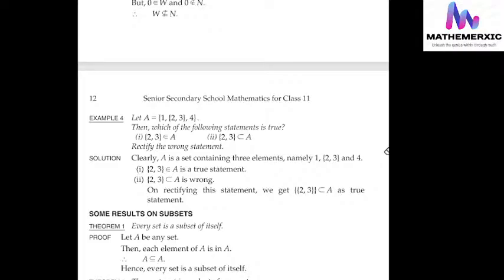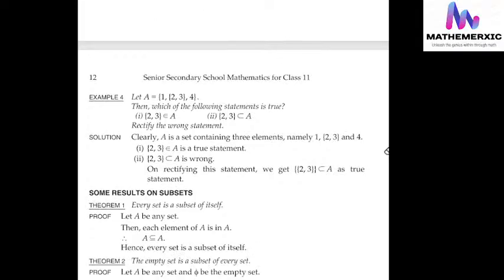A is having these elements 1, comma, in bracket 2, 3, bracket close, comma 4. Then which of the following is true? 2, comma 3 in a bracket belongs to A. So it is a true statement. Belongs to, we can say.